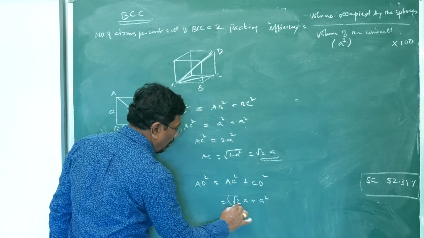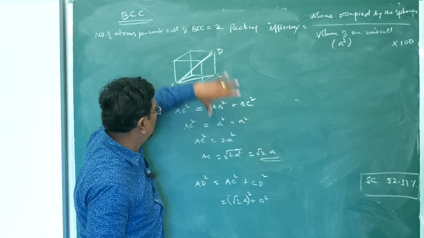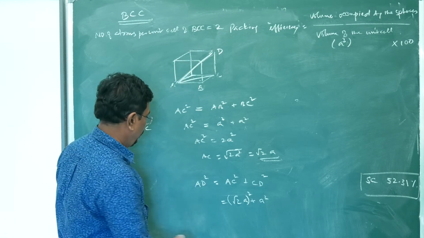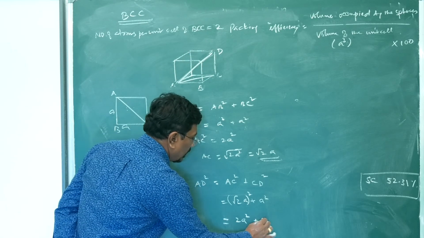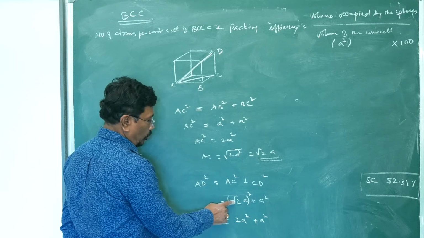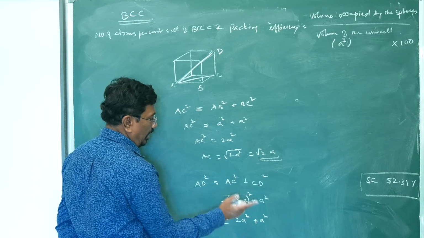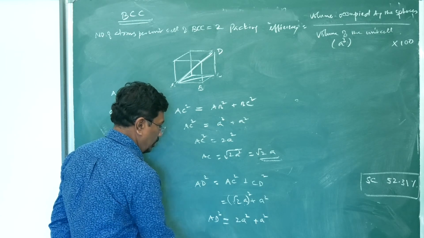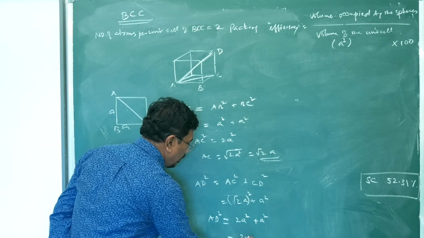So if you sum up, root 2A whole square plus A square is equal to 2A square plus A square. Root 2 into root 2 is 2, A square, A square. So AD square is equal to 3A square.